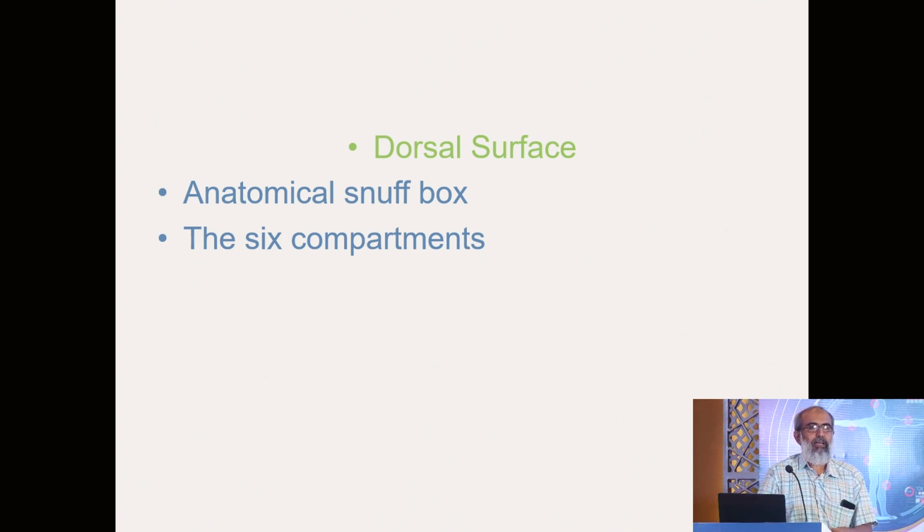Now another important thing is the six compartments. So the structures will be: first compartment, abductor pollicis longus, extensor pollicis brevis; second, ECRL, ECRB; third, extensor pollicis longus; then the fourth, extensor digitorum and EIP; fifth, extensor digiti minimi; and sixth, the extensor carpi ulnaris. This you can easily see.